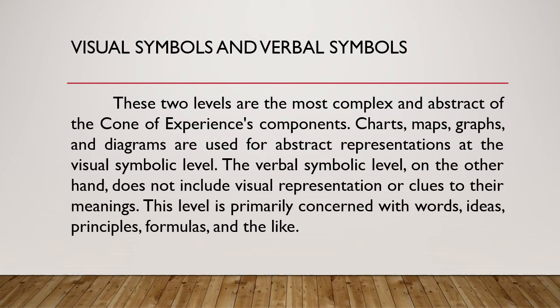Lastly, in Edgar Dale's Cone of Experience, we have visual symbols and verbal symbols. These two are different but also related because these two levels are the most complex and abstract of the Cone of Experience components. Charts, maps, graphs, and diagrams are used for abstract representations at the visual symbolic level. Next is the verbal symbolic level, which, on the other hand, does not include visual representations or clues to their meanings.